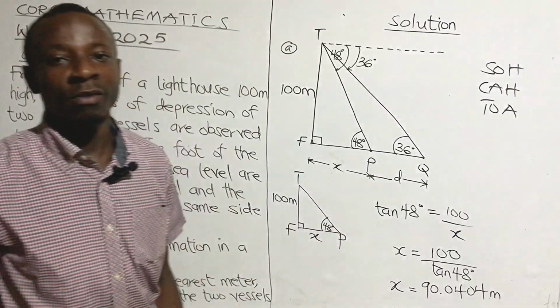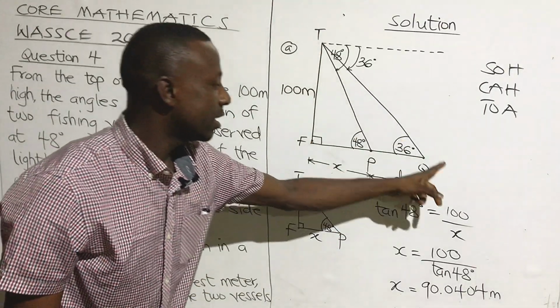Now, since we have the value of X, now we are going to consider the big triangle.